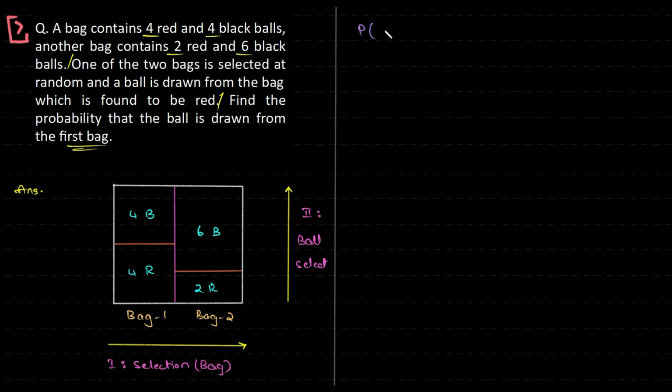So we are talking about what are the chances that we happen to pick bag 1 and from there we already have a red ball. So basically, what is the probability of bag 1 being selected given we already have a red ball as our answer, right? And this is given by our Bayes theorem.